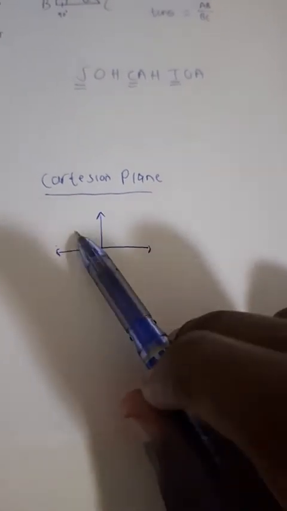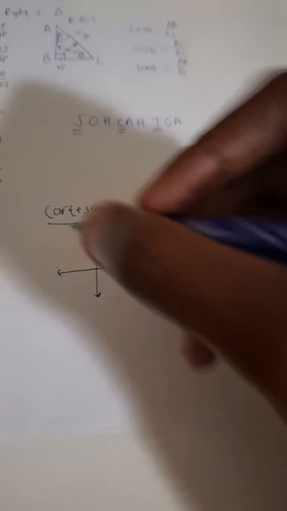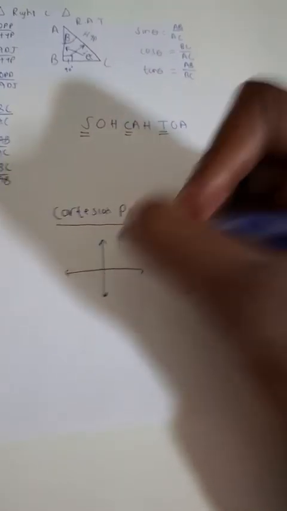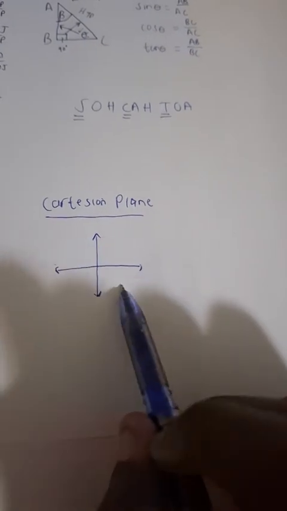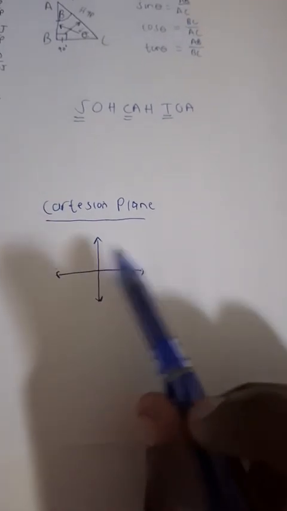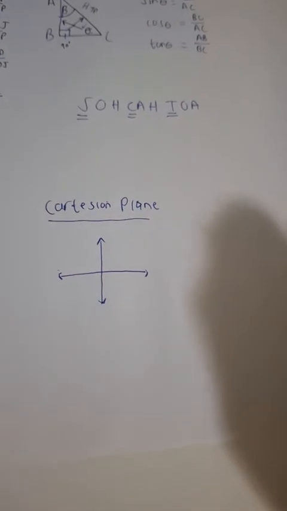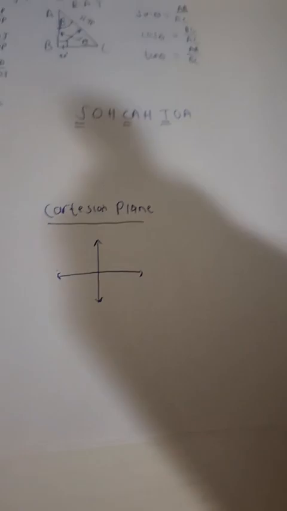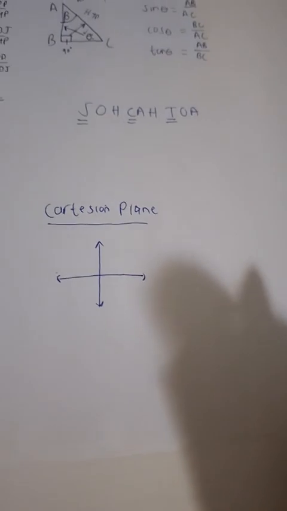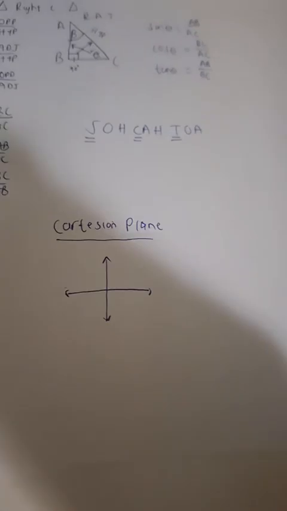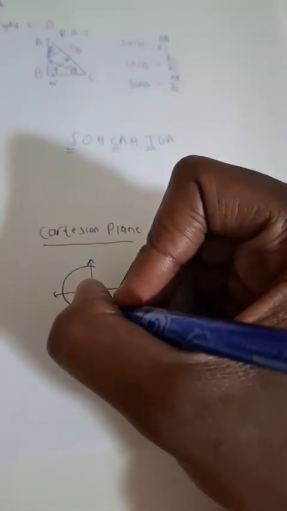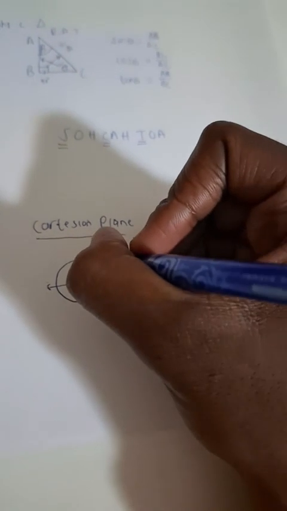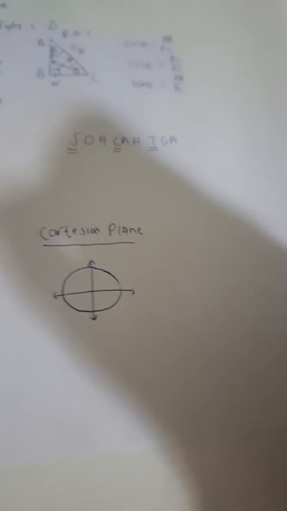We call these what exactly? Someone tell me in the comment section, what do we refer to them? Four of them. Thank you, Tembelile, into quadrants. Thank you so much. In those quadrants, what we usually do is we utilize something called a unit circle.